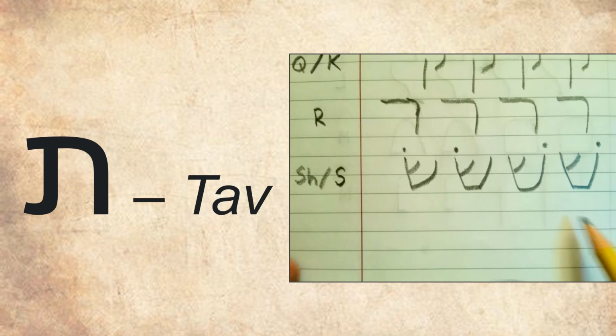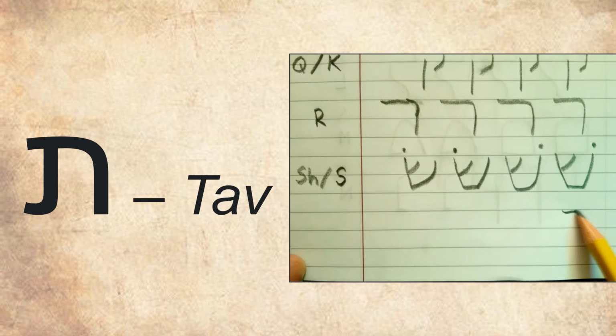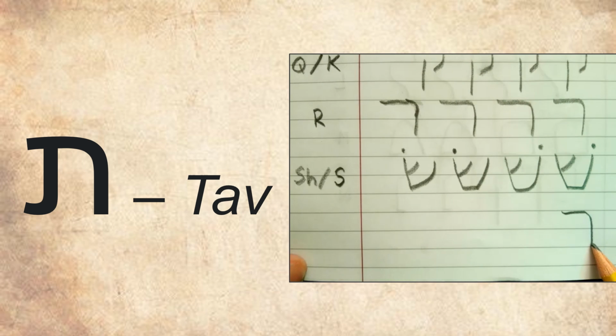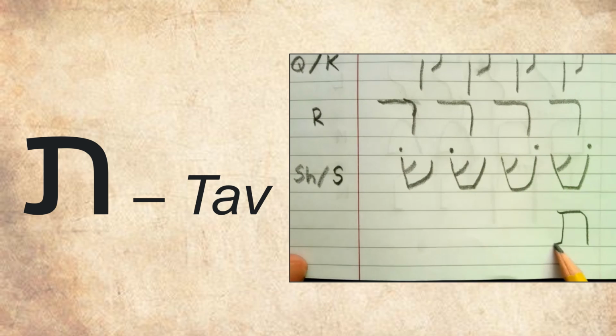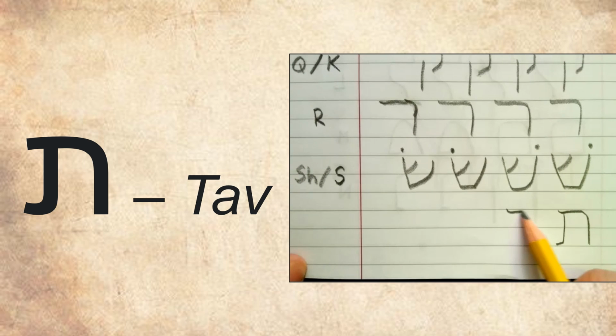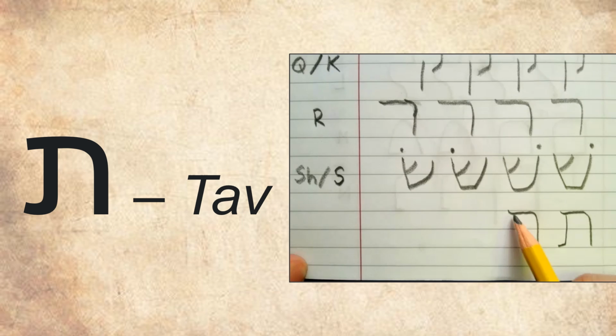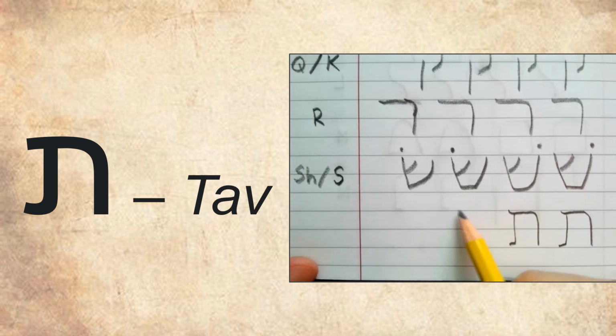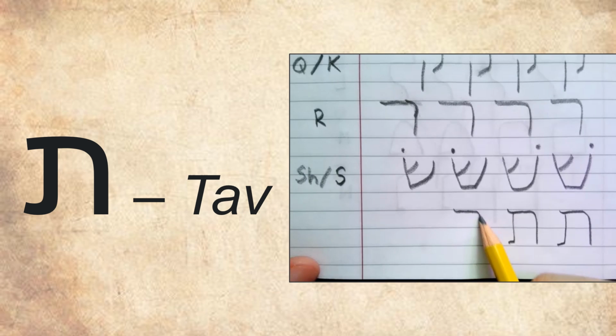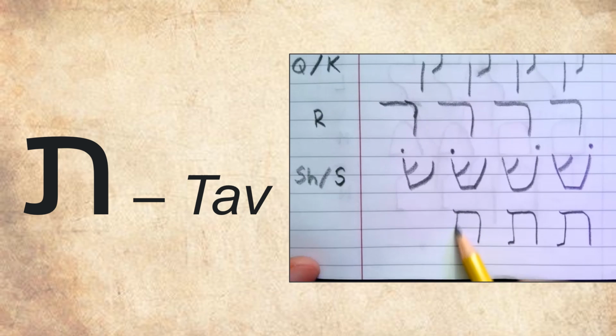And finally, with the letter Tav, we start off with the type of Resh, but we extend it with the foot. That's how my community refers to this little line. They say Tav is the one with the little foot. That's what distinguishes it from other letters.